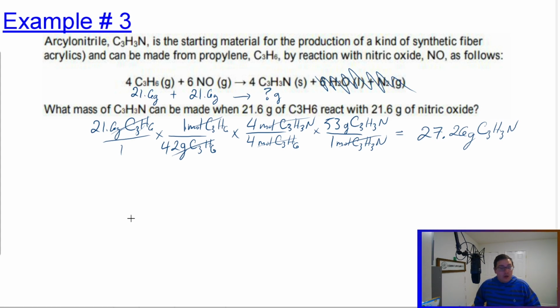Cool. All we need to do now, and let's do it in a different color, is go from 21.6 grams of nitric oxide and convert that into grams of acrylonitrile. So it's 1 mole of NO. Ooh, NO, that's going to be 14 plus 16, 30.